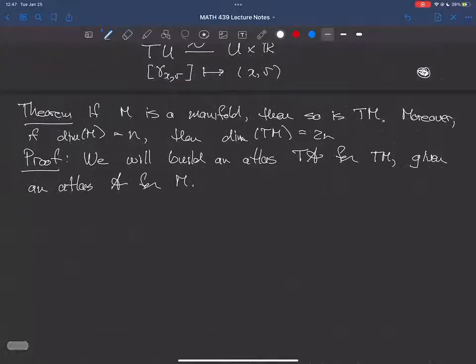And we'll see that as we do that, this property will naturally be satisfied.